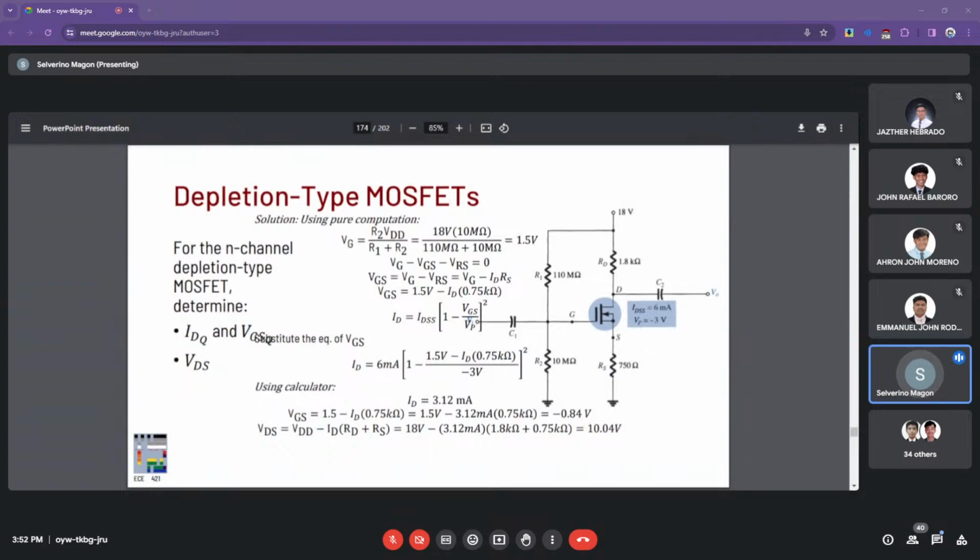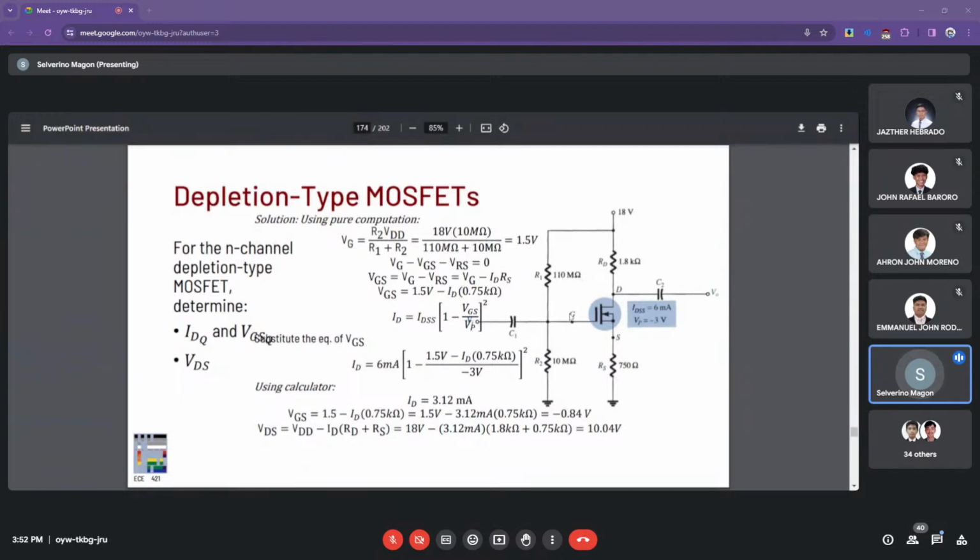So what happens in the amplifying action is that when you input an AC component here, the small AC value will be superimposed on top of the 1.5 volts. So you have a baseline of 1.5 volts with the small AC signal on top of it.